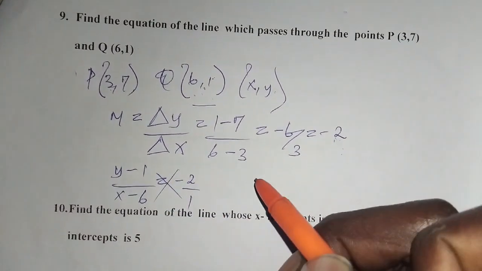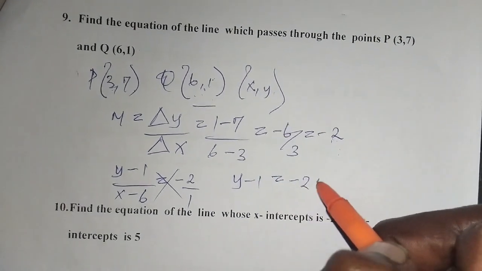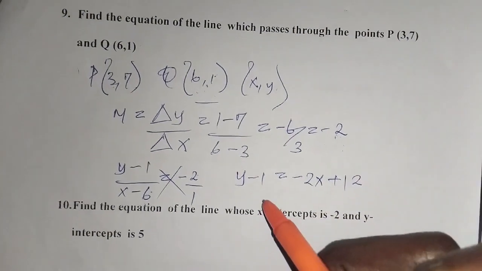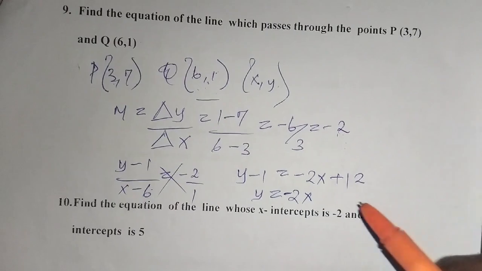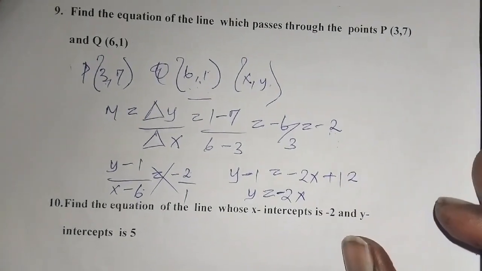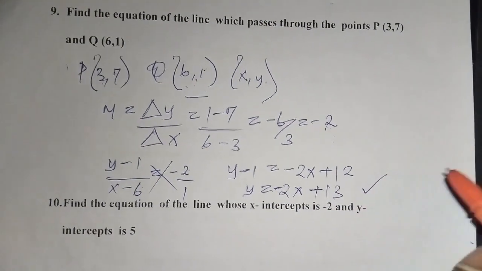Cross multiply, you have y minus 1 equals negative 2x, then plus 12. So you'll have y equals negative 2x plus 12. This one is minus 1 to the other side, positive 1, so it becomes plus 13.